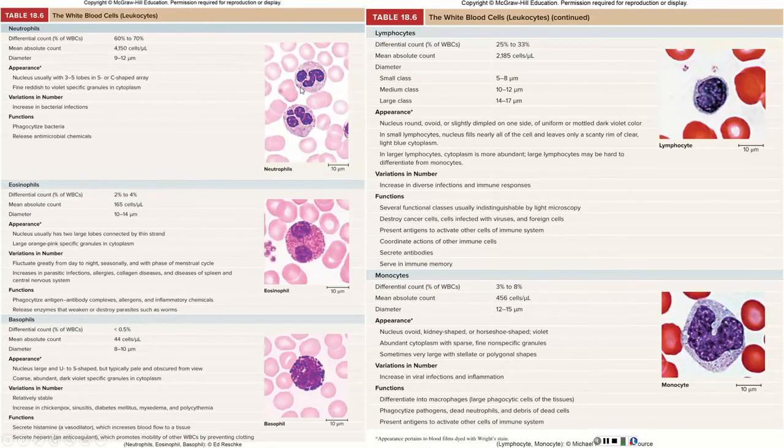We have neutrophils, eosinophils, basophils, lymphocytes, and monocytes. Now, in your outline, I've got room for you to take notes. I'm not going to go through everything because that's mostly self-study. Really, it's just a matter of writing down what do they look like to you. But I do want to point out some things that will be helpful for both lecture and lab.